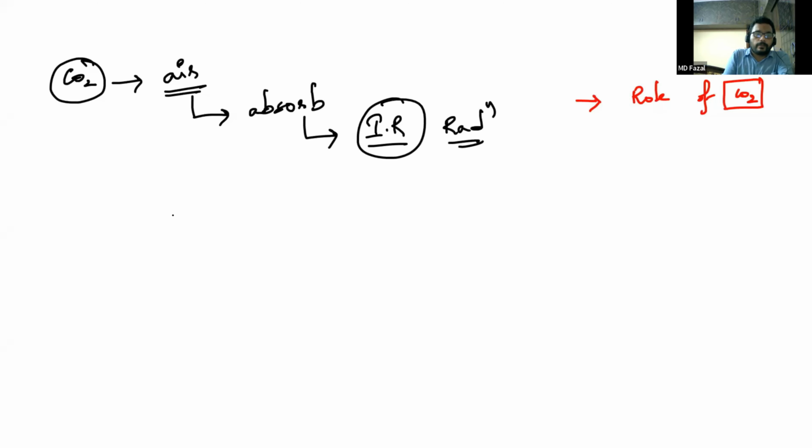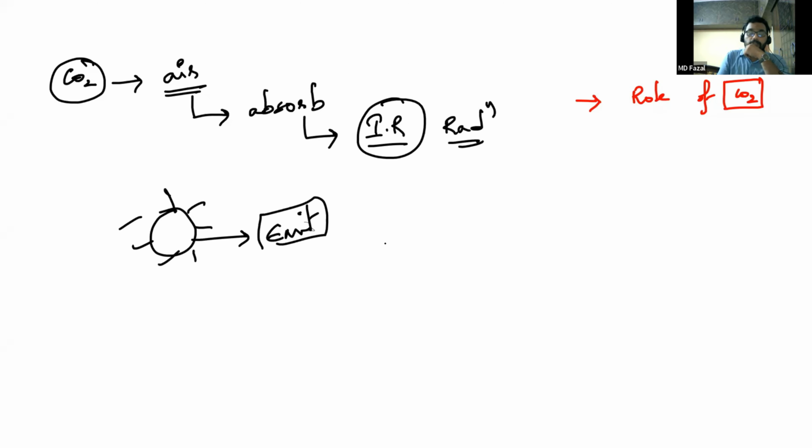Now, remember, very basic: if you take the sun, the responsibility of the sun is to emit. So what does it emit? Sun emits visible and invisible rays.